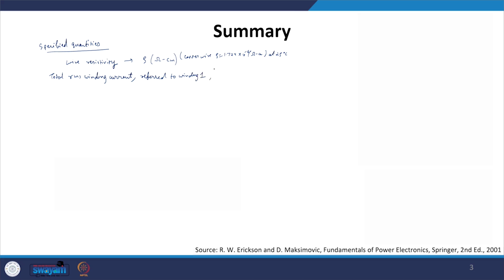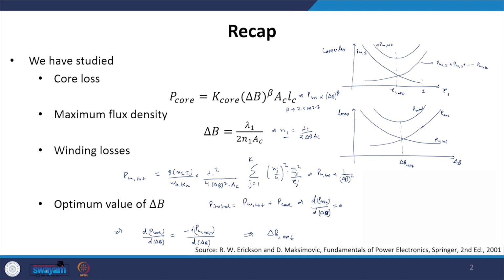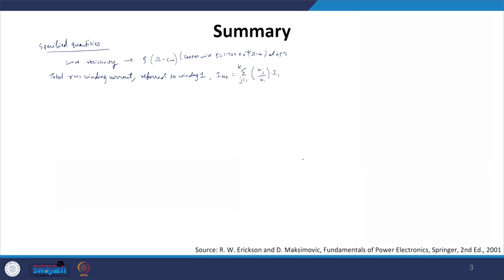We define the term I total to be equal to the square root of the sum from j equal to 1 to K of (Nj by N1) square into Ij square. So, that is the total RMS current referred to winding number 1.